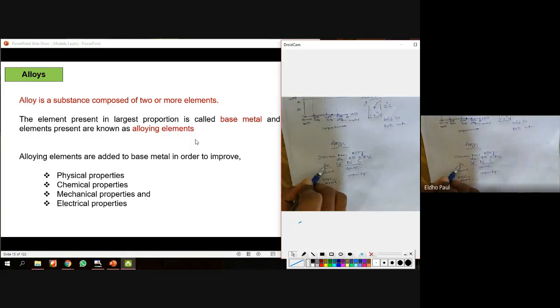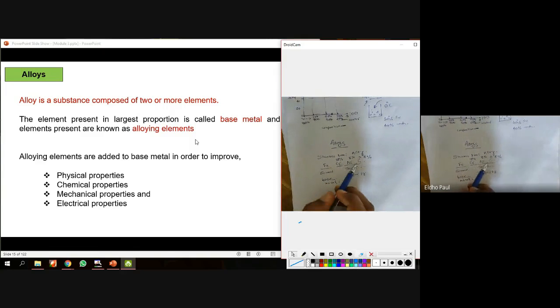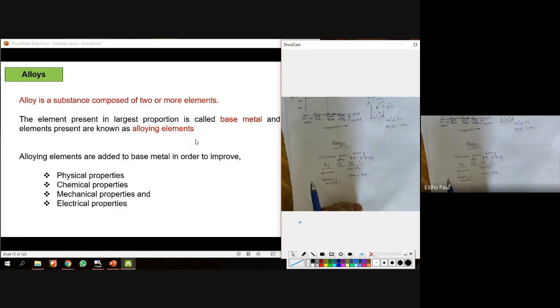Remaining will be iron. So by adding this percentage of other elements, what happened to the material? Initially this iron was pure without any impurity, but by adding these extra impurity elements, this becomes an impure material. Alloy is an impure material.